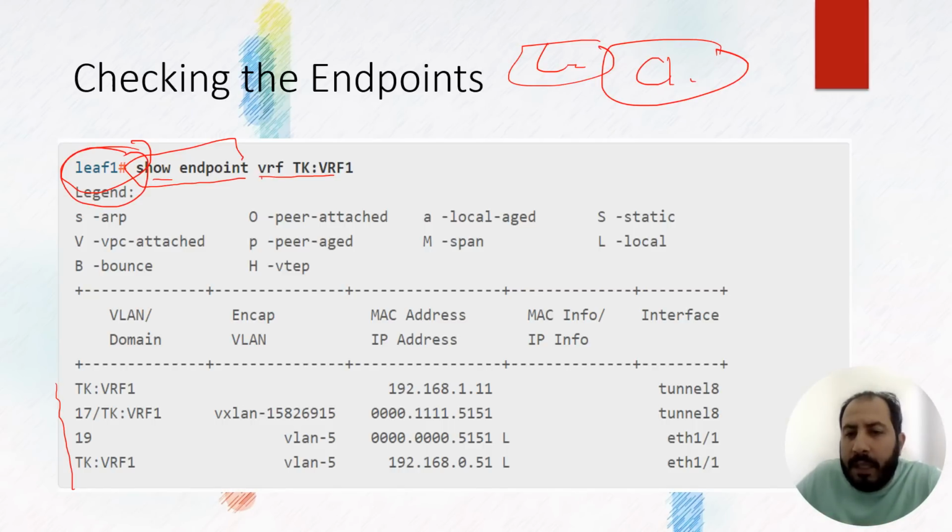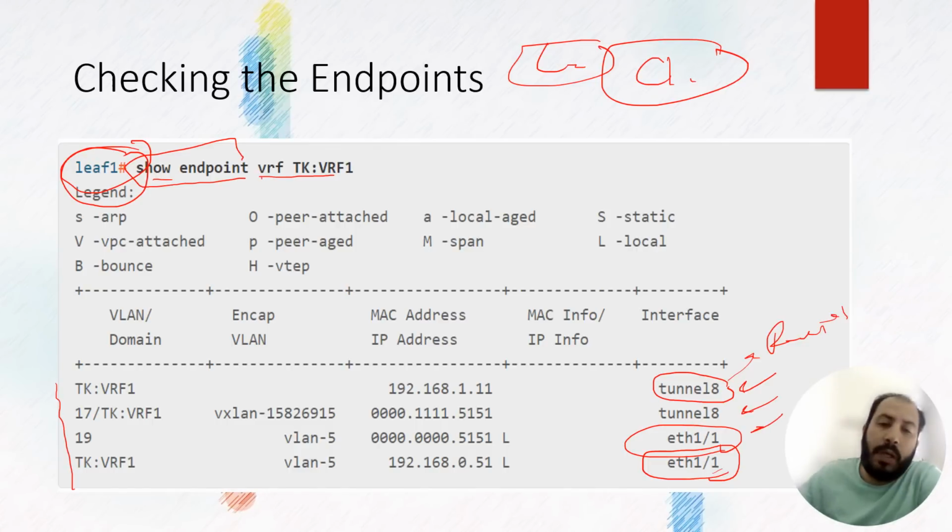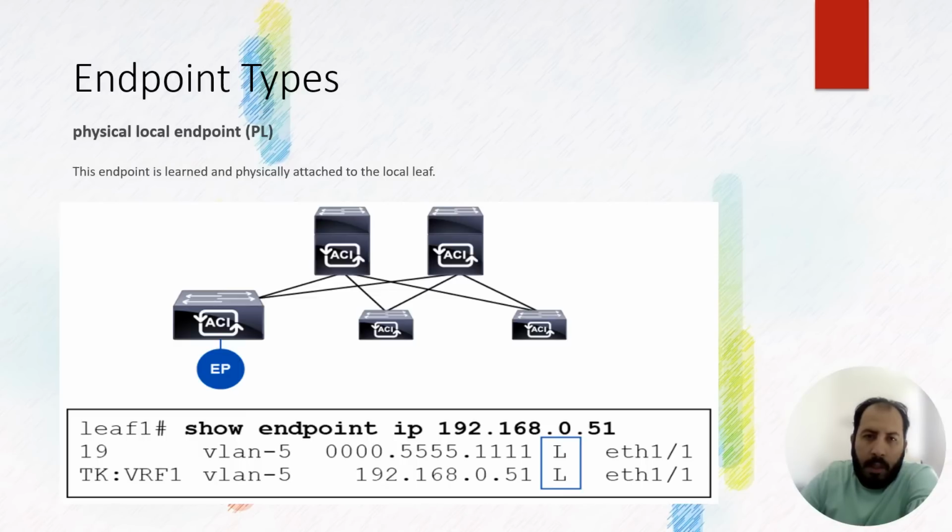And you can see here the interface. Some of the endpoints are connected to interface 101, some of them are connected to tunnel 8. Tunnel 8 means here that it's a remote host. Ethernet 101 means it's locally connected to my domain. Another way of examining the local endpoint connection is by SSHing to the leaf itself and typing show endpoint, providing the IP address or the MAC address.